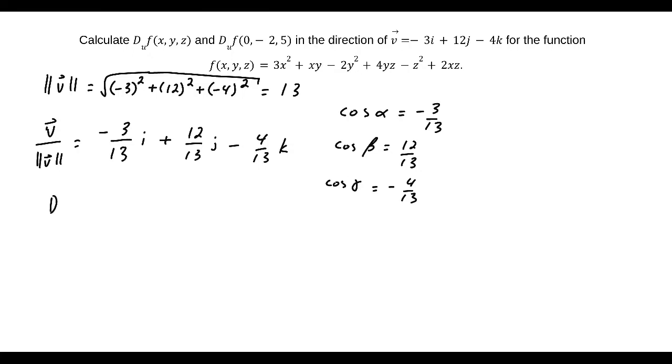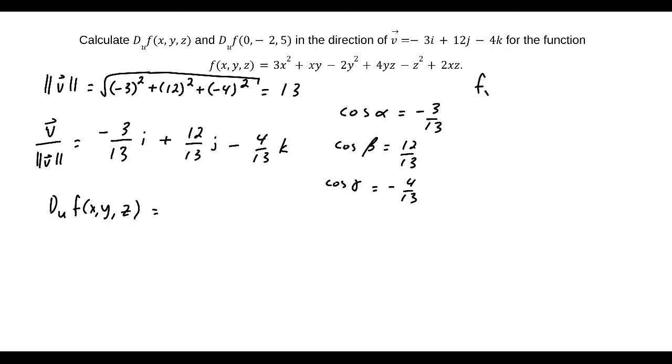Now D_u of f(x, y, z) by definition is f_x multiplied by cosine alpha plus f_y multiplied by cosine of beta plus f_z multiplied by cosine of gamma. So we're going to go ahead and take our partials. In fact, I'll just write these over here.